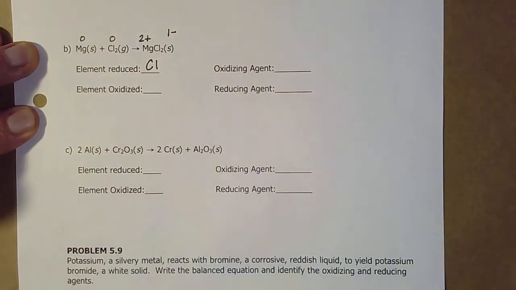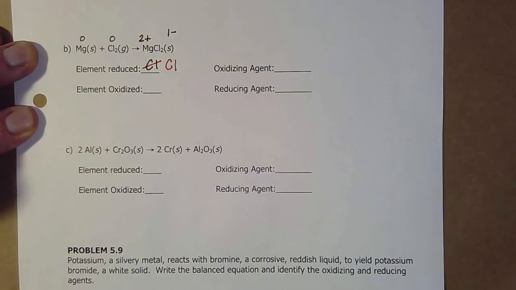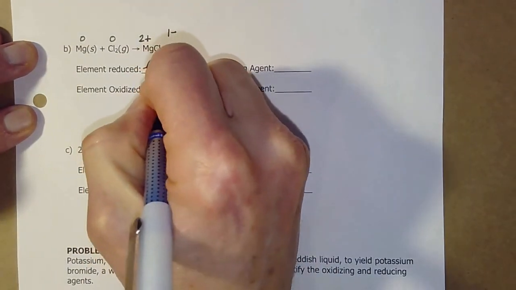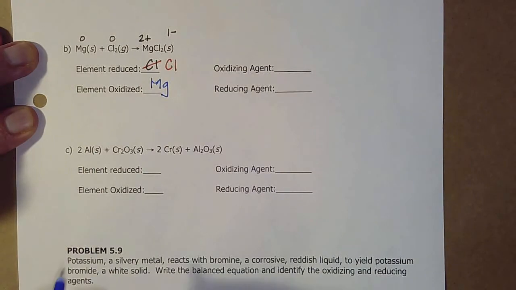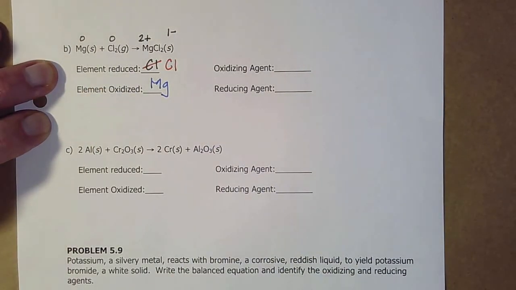Chlorine. I'll do it in red. Chlorine got reduced. It went from 0 down to minus 1. Magnesium went from 0 up to 2 plus. Magnesium got oxidized. If chlorine got reduced, it must have oxidized the other guy.